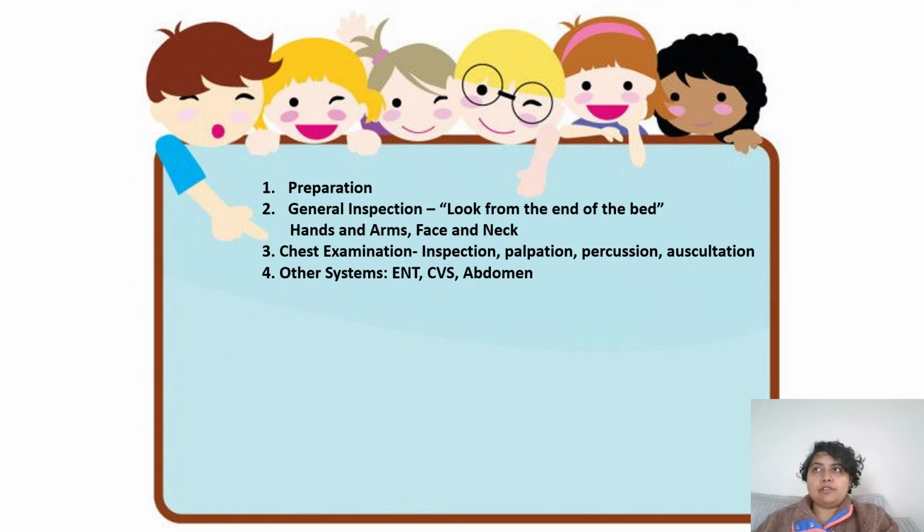Try to be at the level of the child and have a look. If it's a bigger child, they would prefer lying down. If it's a small child, they try to be comfortable in their parents' lap, which is also fine.